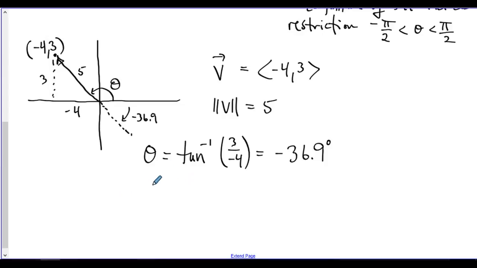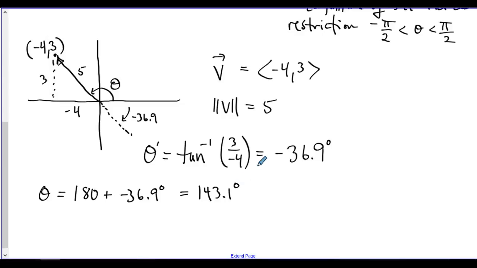So what I have to do is say this is really not theta, this is theta prime, and the actual theta is 180 degrees clockwise rotation from there. So it's 180 plus the negative 36.9 degrees. And that's 143.1.